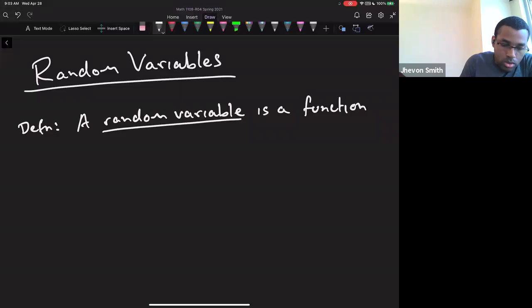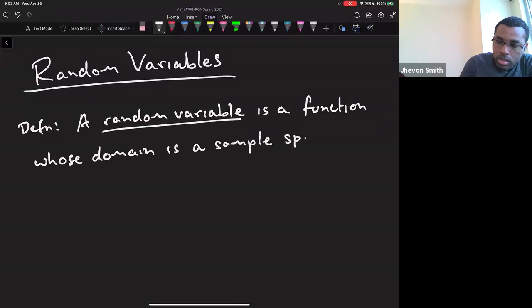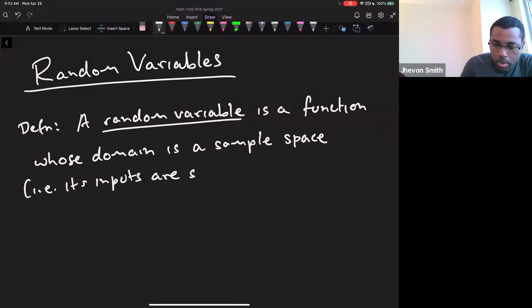So whose domain is the sample space, say a sample space, i.e. its inputs are sample points.